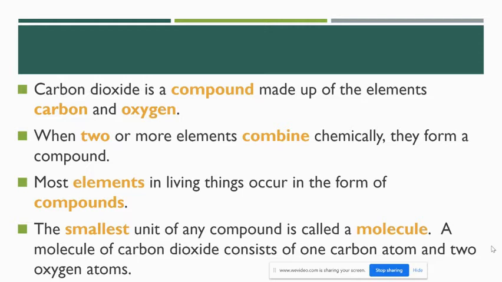Usually it's some sort of combination of elements that create that compound. And then the smallest unit of any compound is called a molecule. So that's just like the basic structure of that compound. So the molecule of carbon dioxide is one carbon atom and two oxygen atoms.